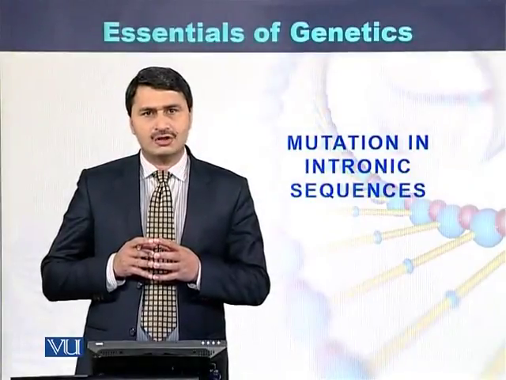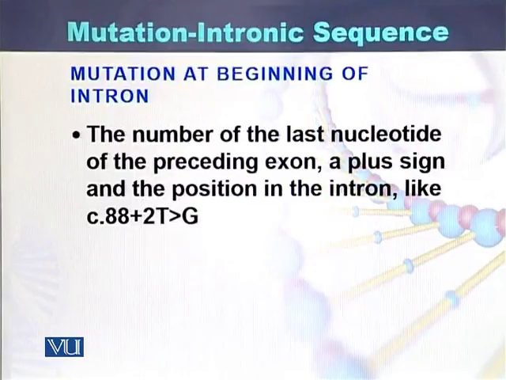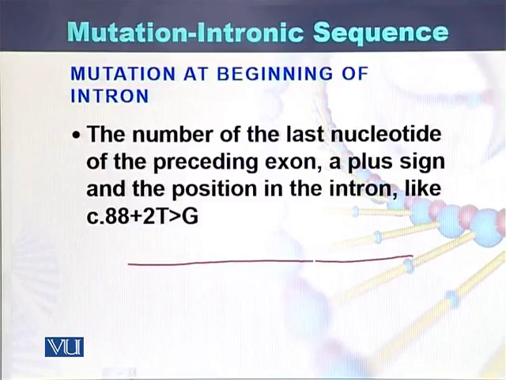Mutations in intronic sequences. How to write the mutations which are present in the intronic sequences. If a mutation is present at the beginning of an intron, then how to write that variant or that mutation? Take the example that this is the sequence of a gene.